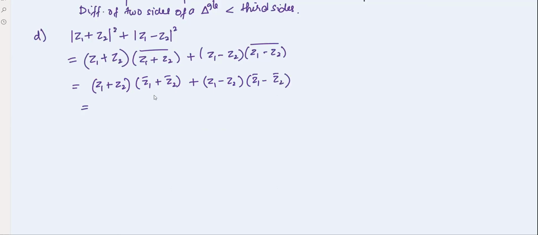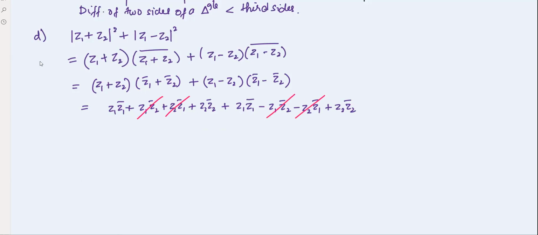Now, when we multiply, I get Z1 Z1 bar plus Z1 Z2 bar plus Z2 Z1 bar plus Z2 Z2 bar, and Z1 Z1 bar minus Z1 Z2 bar minus Z2 Z1 bar plus Z2 Z2 bar. So what I get is that these terms get cancelled.